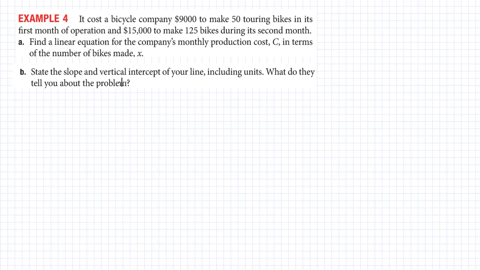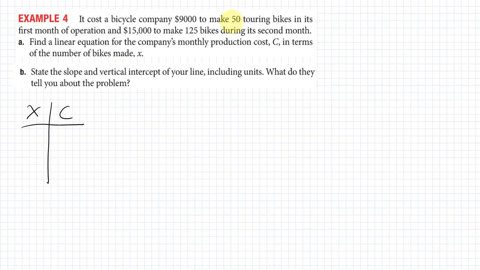So it might help to look at what's given, to make a little table maybe. We're given x coordinates and we're given c coordinates. The cost was $9,000 to make 50 touring bikes.